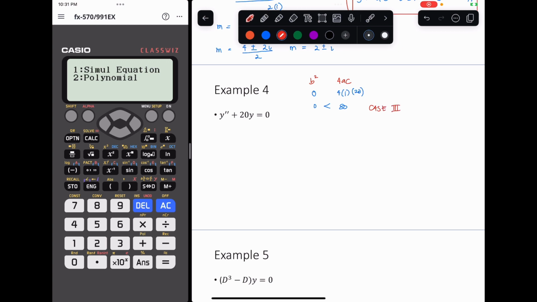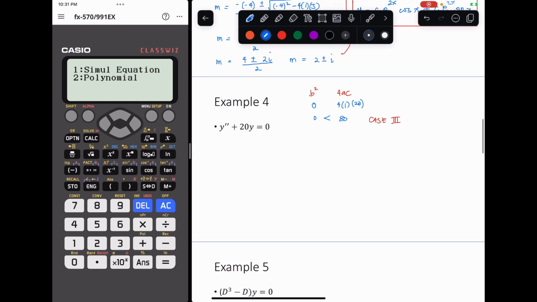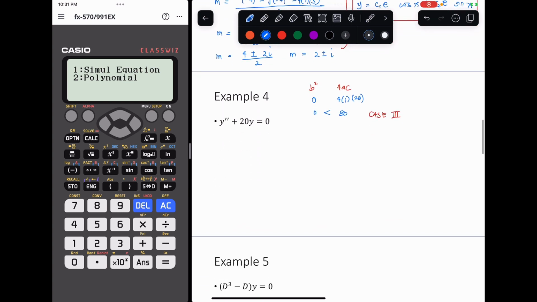So for case number 3, for quadratic, we use the same formula. So m will be equal to negative b, that is 0, plus and minus the square root of b squared, 0 squared minus 4 times a. Or instead of using the quadratic formula, the easier one would be to first transform this into an algebraic equation.